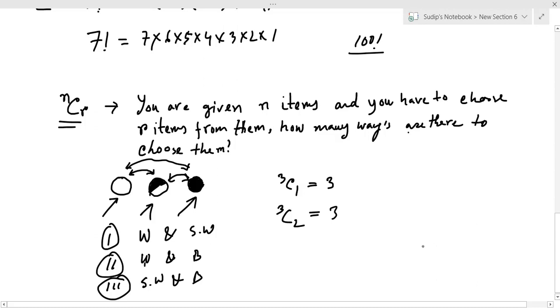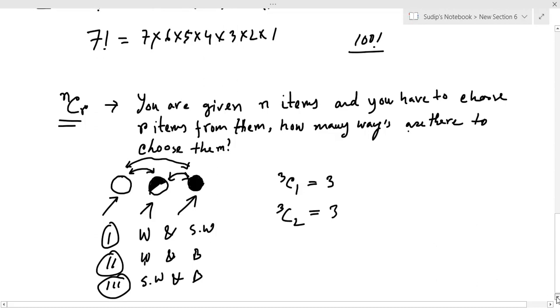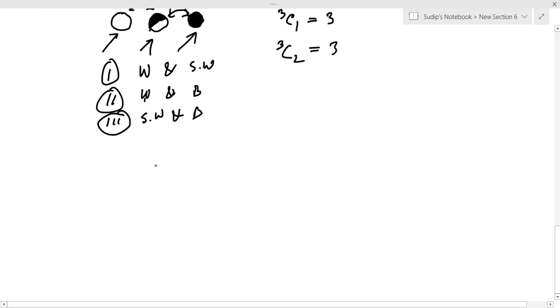Now, what is 4C2? You are given A, B, C and D, 4 items. You have to choose any 2.